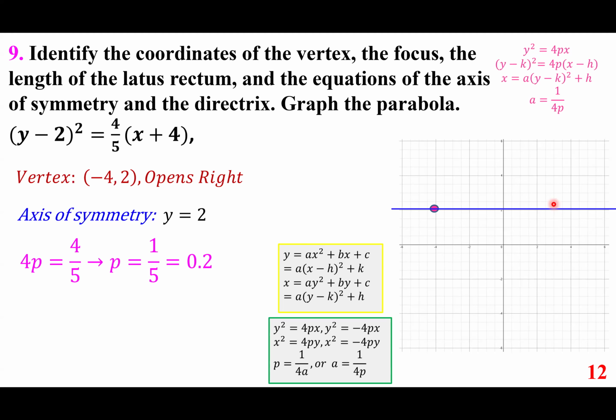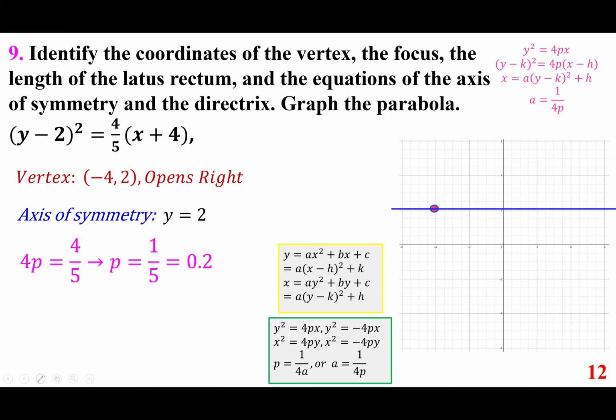And if you go with that formula, remember, if we are really looking at this one, the center is 0, 0, this is at center h and k. So 4p is 4 over 5, which makes p 1 over 5, or 0.2. Now, what I want to add is this.